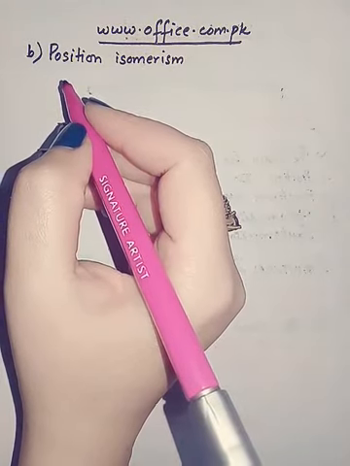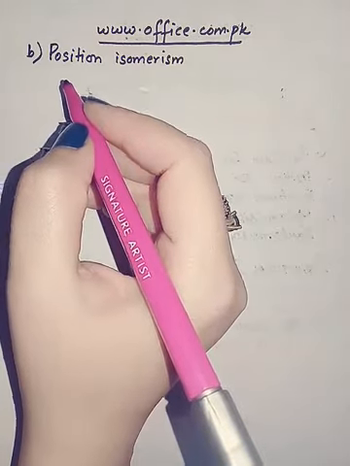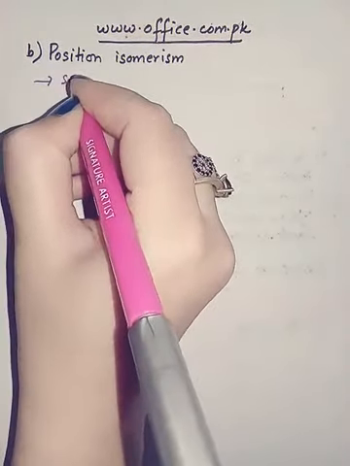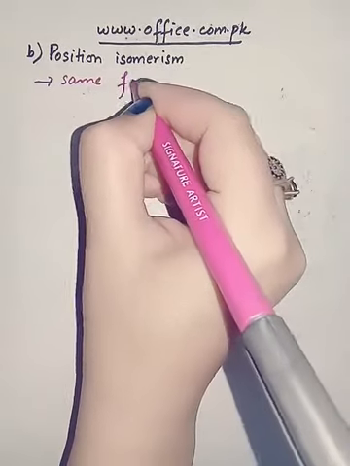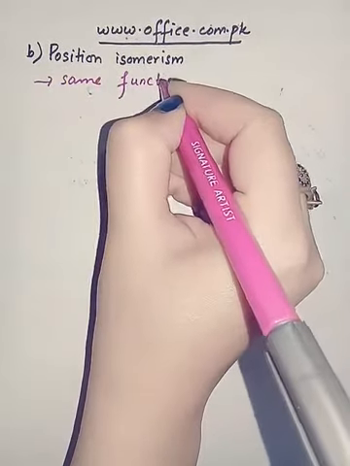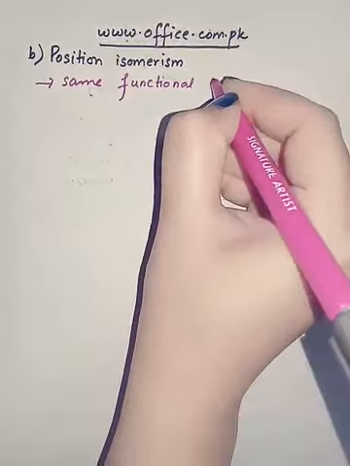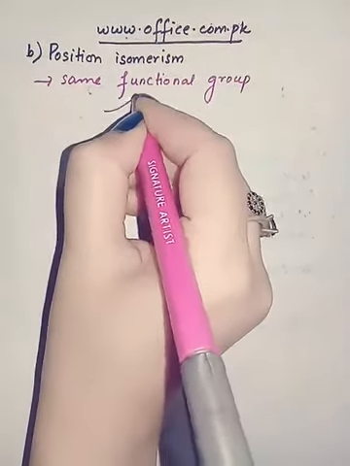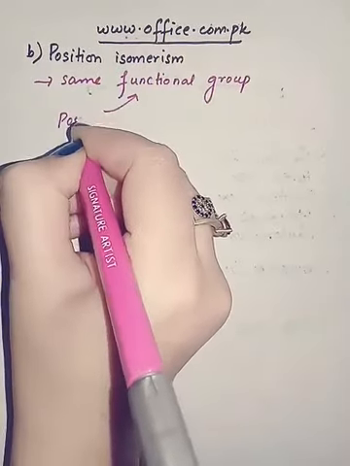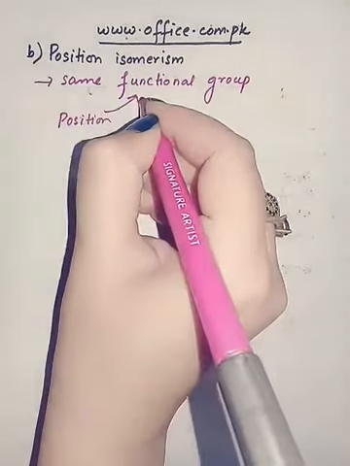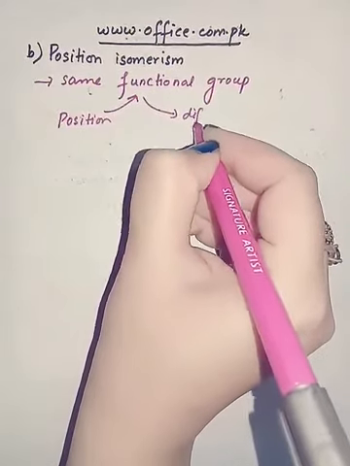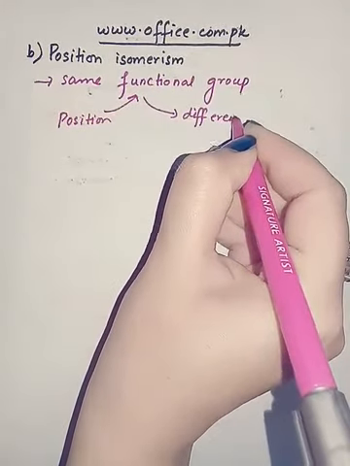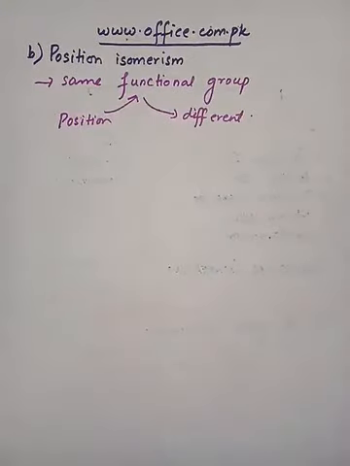It means that in both the isomers there will be the same functional group, but the position of the functional group will be different on the carbon chain.